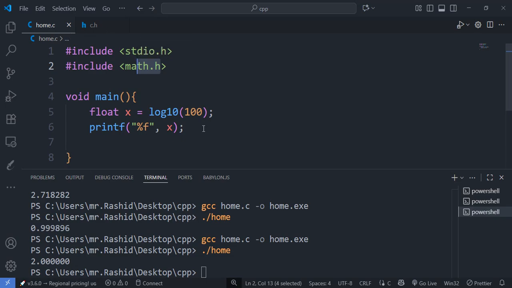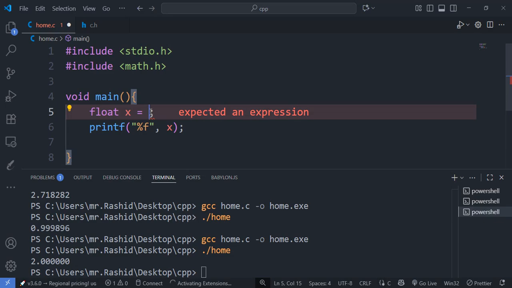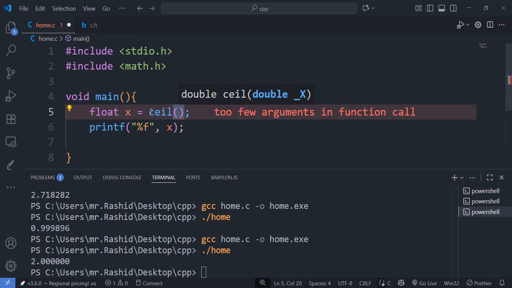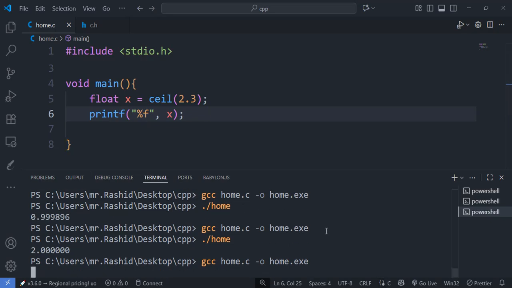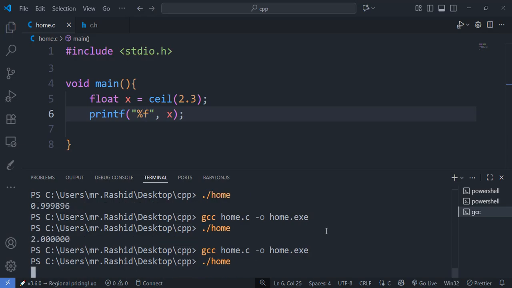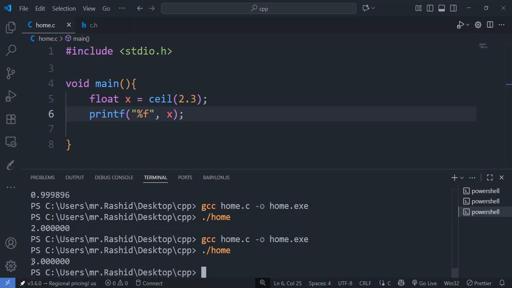For example, let us remove this one and use ceil like this, rounding off 2.3. As you can see, we get 3, which means we have rounded up to the nearest integer.